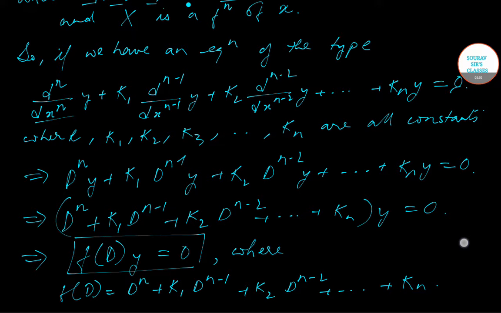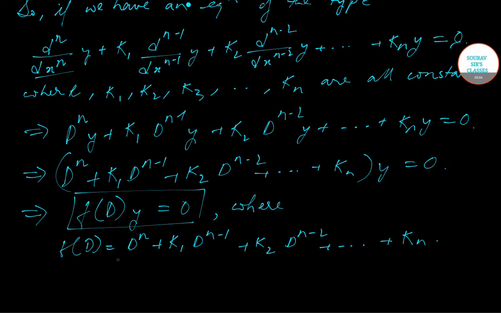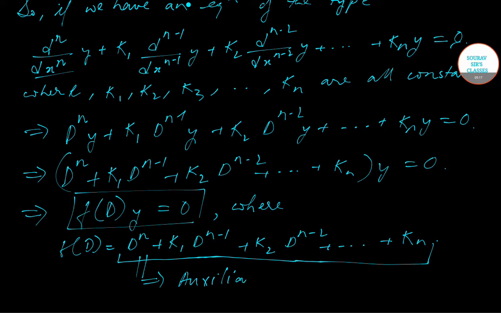Now this entire term D^n plus k1 into D^(n-1) plus k2 into D^(n-2) up till kn, this is nothing but the auxiliary equation, which is denoted in short by AE. So this is the auxiliary equation.